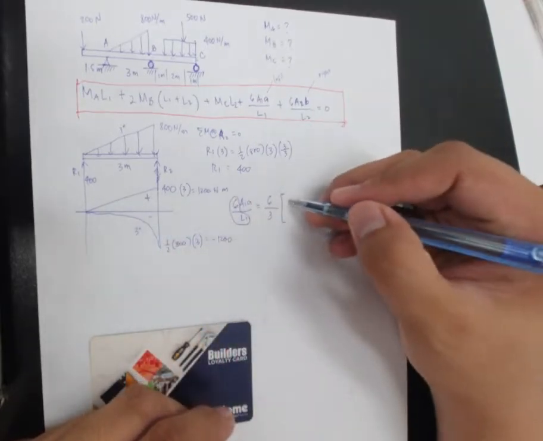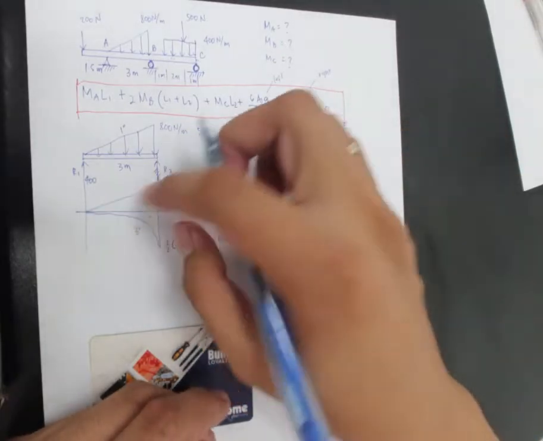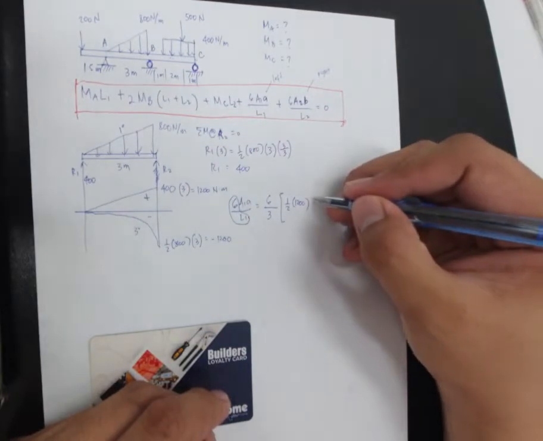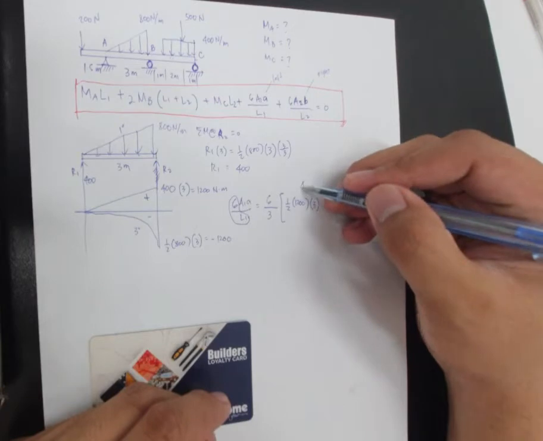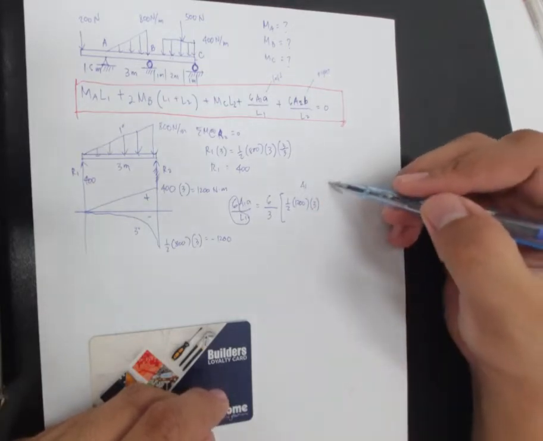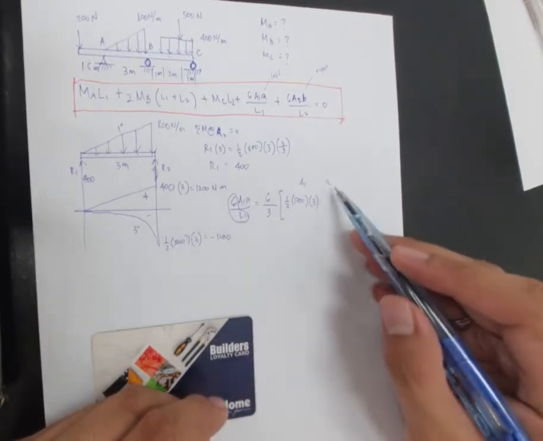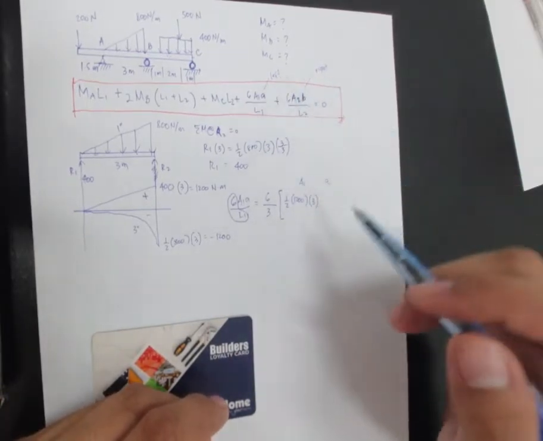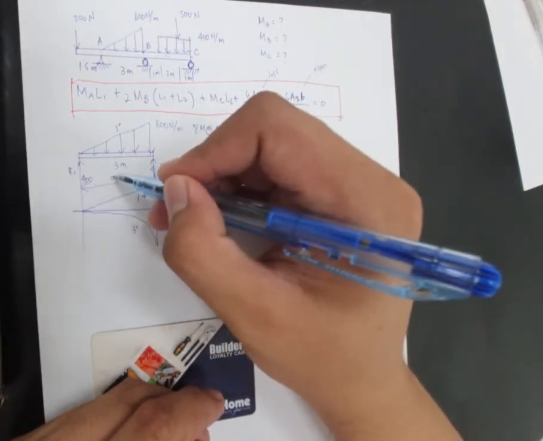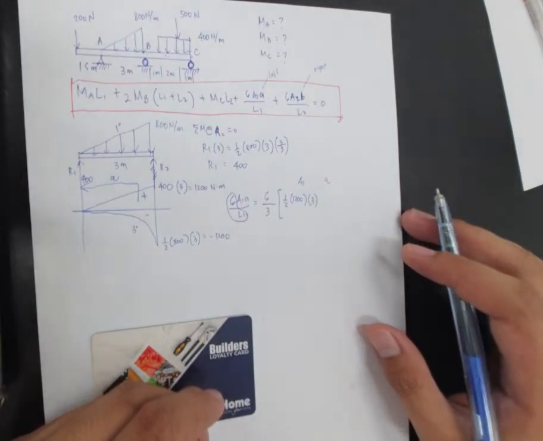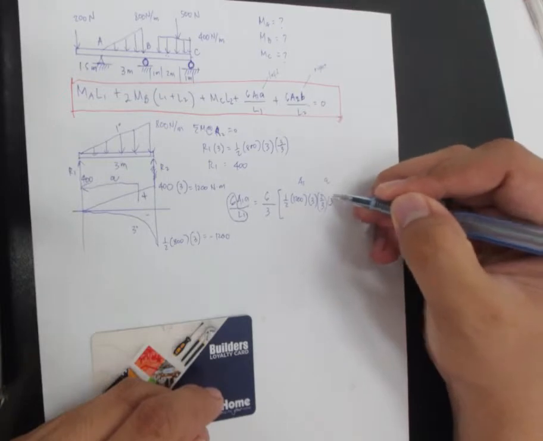The area is 1/2 of 1,200 by 3. So this is for area 1. And then the A, A1A, its A is always referred to the left. So if you go to the left, how much is that, that is 2/3 of 3.